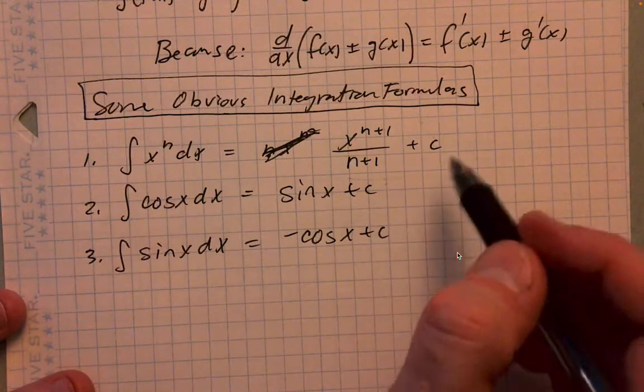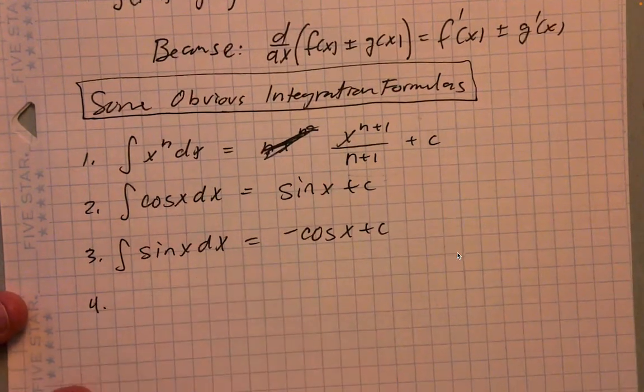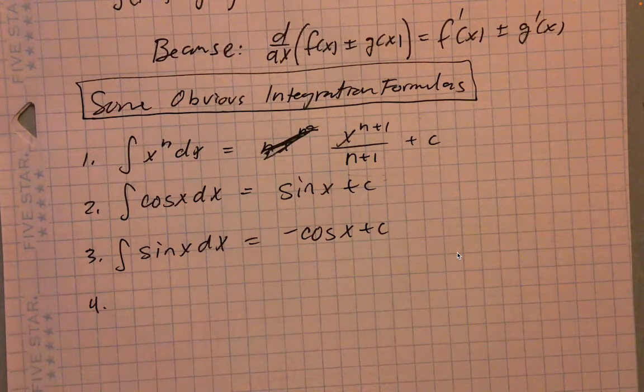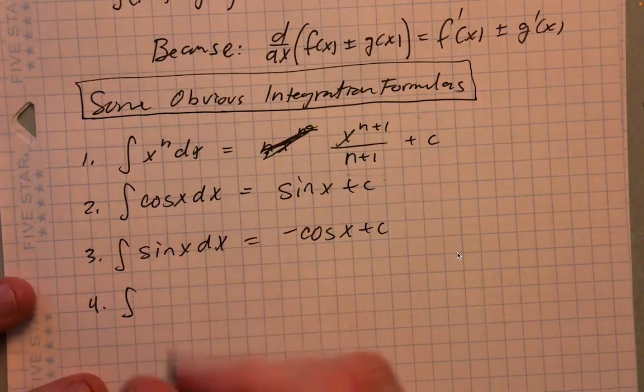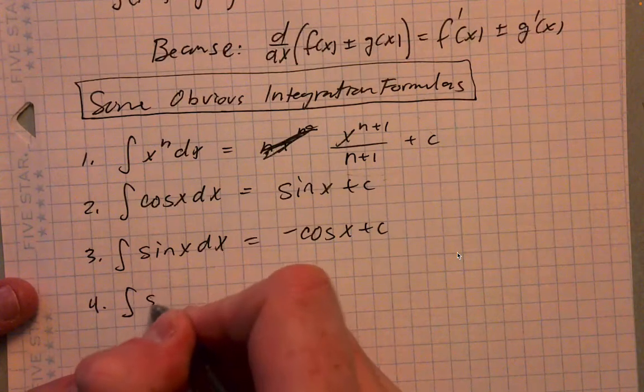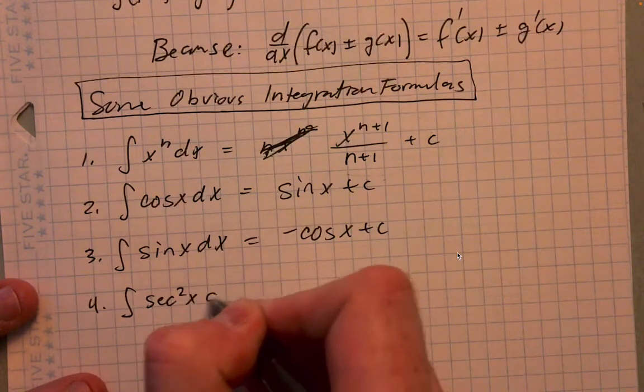So these are the first couple. The next ones, it may seem strange to define them, but the reason we throw them up here right off the bat is because they follow directly from the trigonometric derivatives. The first one that's a little awkward is the integral of secant squared x dx.